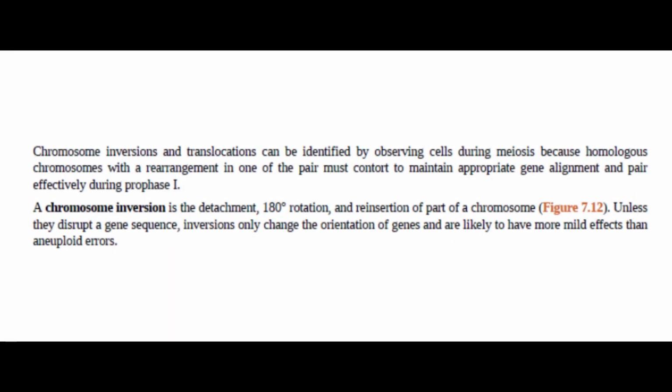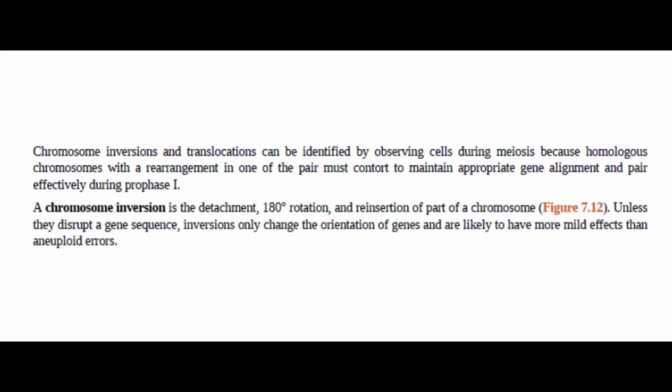Chromosome inversions and translocations can be identified by observing cells during meiosis because homologous chromosomes with a rearrangement in one of the pair must contort to maintain appropriate gene alignment and pair effectively during prophase 1.